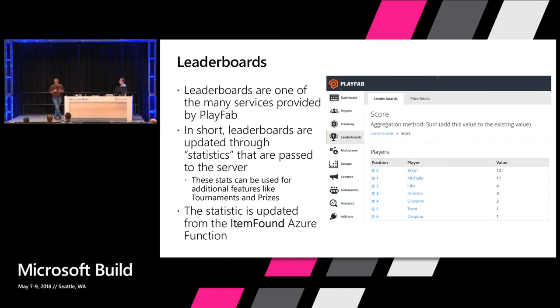We are using the leaderboards here to store how many times the user has found an item, right? A great thing about PlayFab leaderboards is that it has four aggregates: maximum, minimum, last, and sum. In our case, we're using sum because each time a user has discovered a photo, we increase, basically, his or her leaderboard entry by 1.